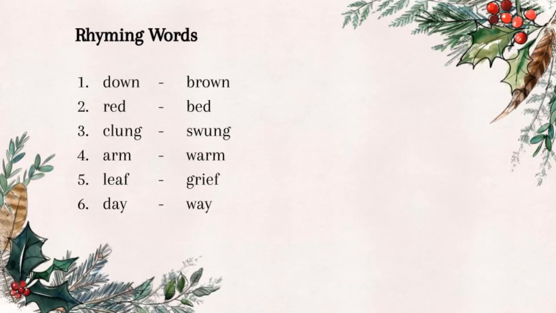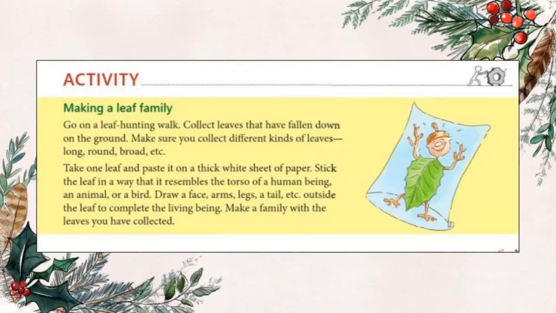Students, in this chapter you have an interesting activity, that is making a leaf family. Go on a leaf hunting walk. Collect leaves that have fallen down on the ground. Make sure you collect different kinds of leaves, long, round, broad, etc. Take one leaf and paste it on a thick white sheet of paper.